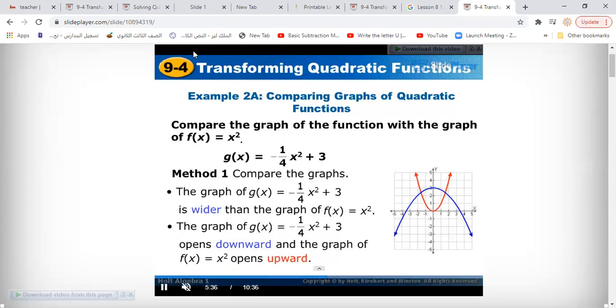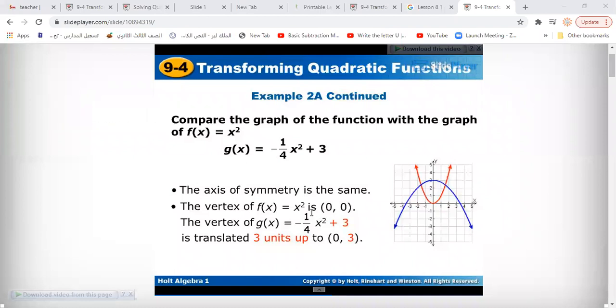So we have to put specific items we will compare. If you want to compare the graphs, you have to determine which one is wider and which one is narrower.